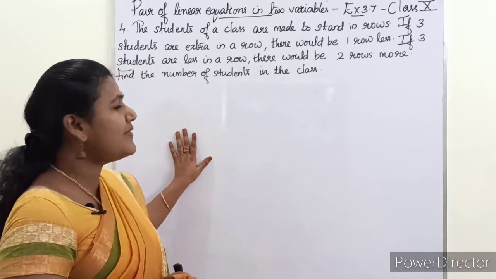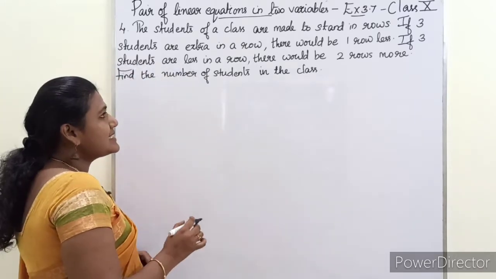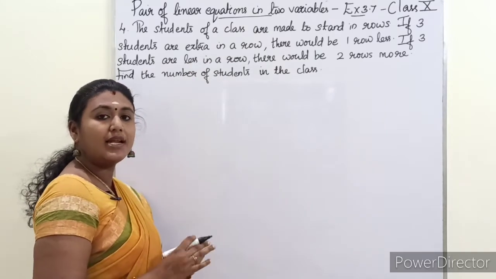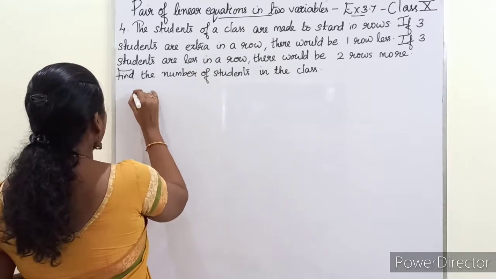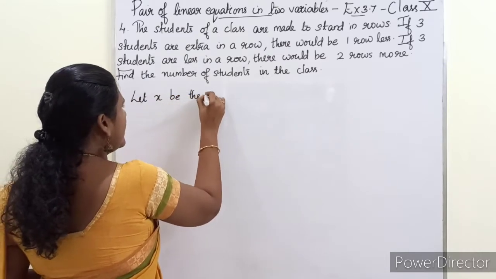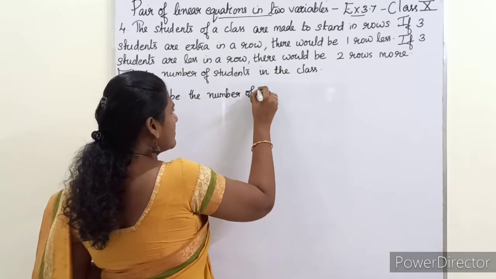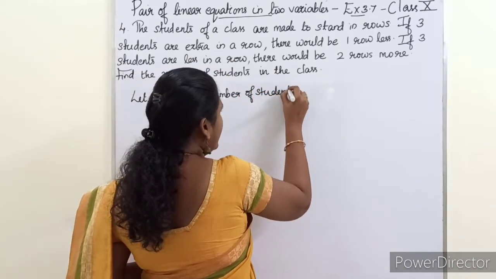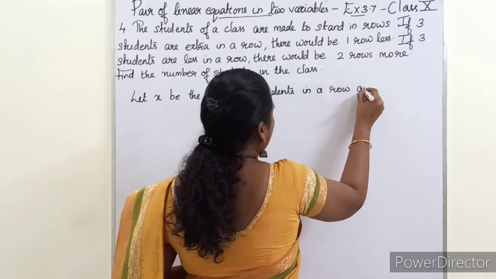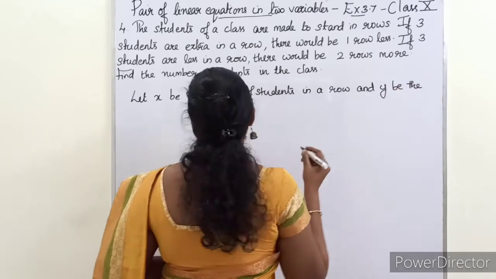But here, what will we take as x and y? We will take x as the number of students in a row and y as the number of rows. So let x be the number of students in a row and y be the number of rows.